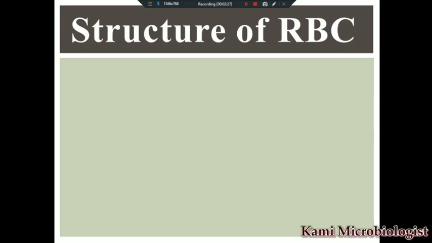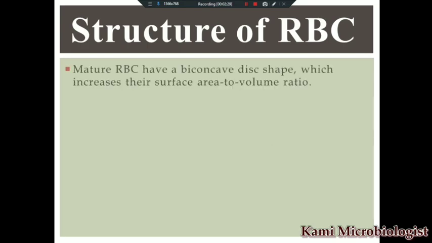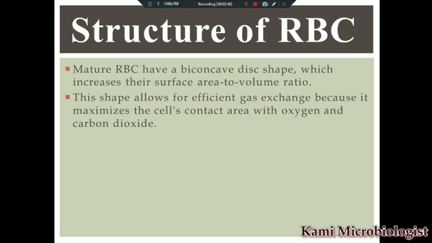Let's see the structure of the RBC. The RBC is biconcave in shape, like a biconcave disc. I hope you know the CD disc. It is just like in this shape, and its surface area to volume ratio is increased. Why? Because of the absence of the nucleus and the absence of granules.